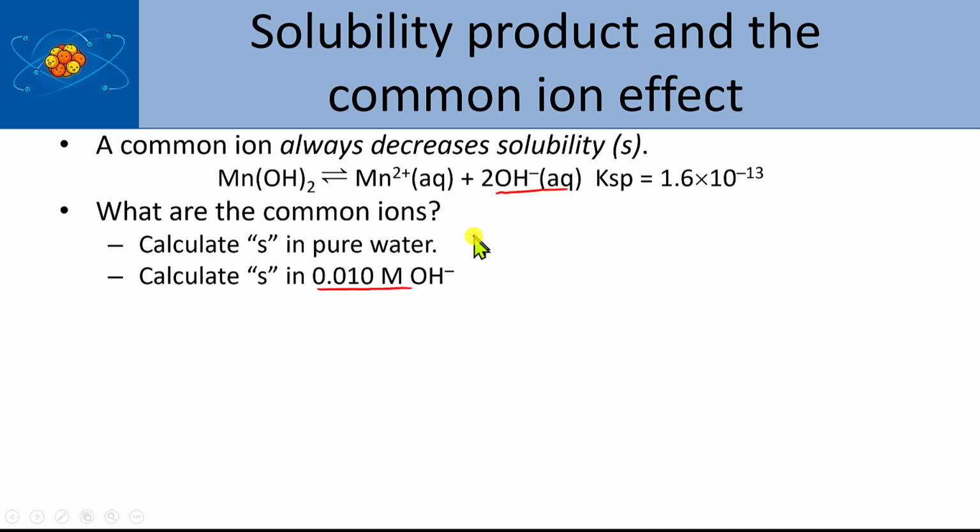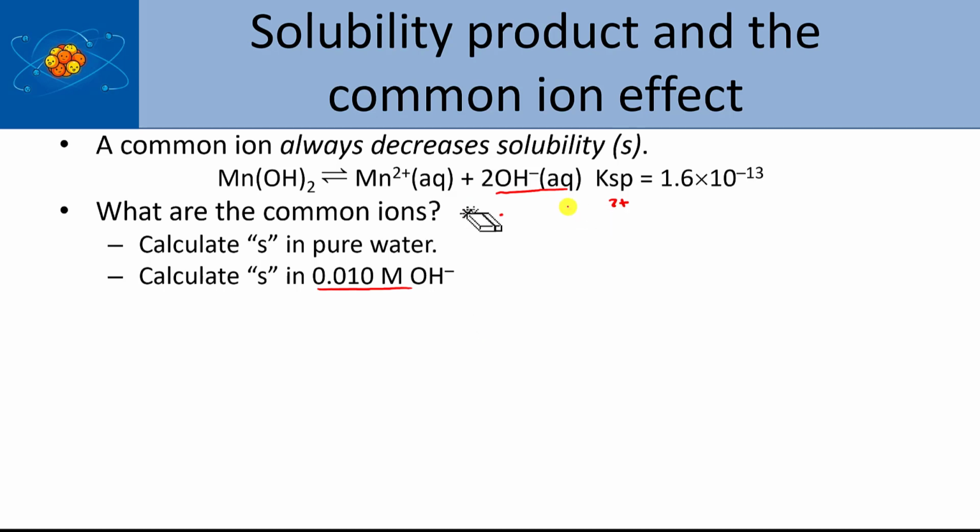Okay. And then if you had something with manganese, you could also set up the same kind of calculation to show that there's a common ion effect with the manganese just by starting with the manganese in the solution. So for example, if you had 0.010 molar Mn2+ in solution, that would be another type of common ion effect. So we often focus on the hydroxide in these, but it's important to recognize manganese and the hydroxide could both fall into the category of common ion effect.